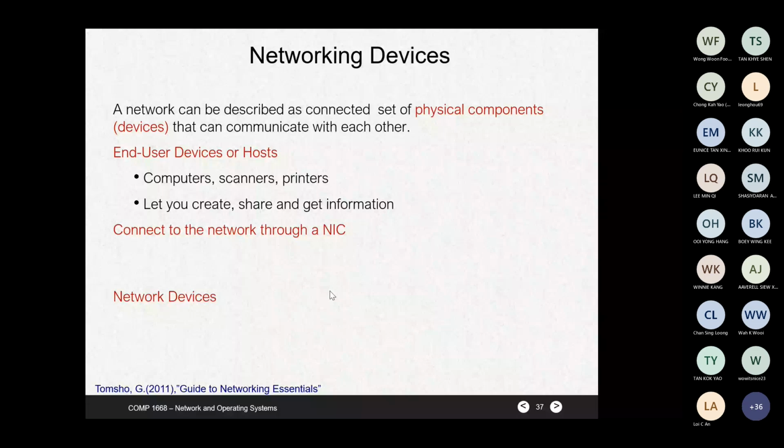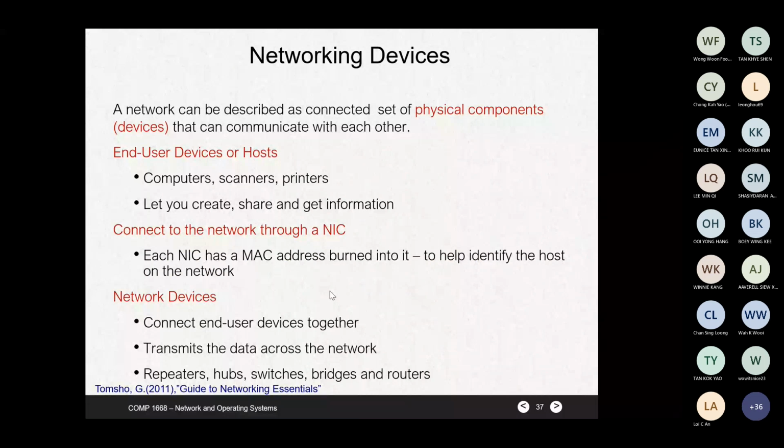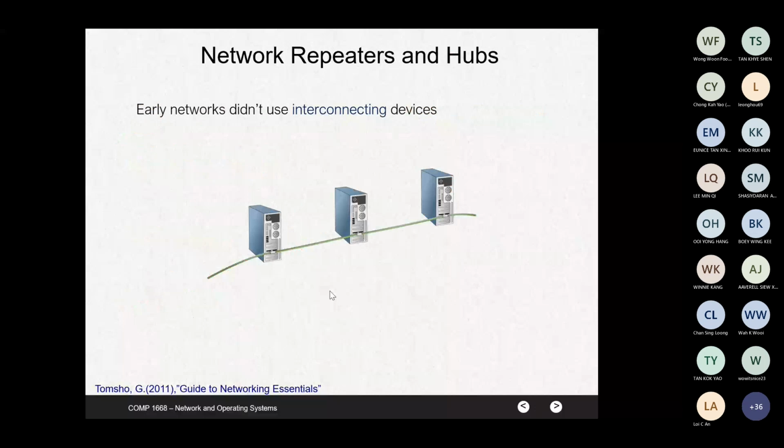You can see some examples here: computers, scanners, printers, NIC cards, and network devices such as hubs, switches, routers, and many more. Some repeaters and hubs.